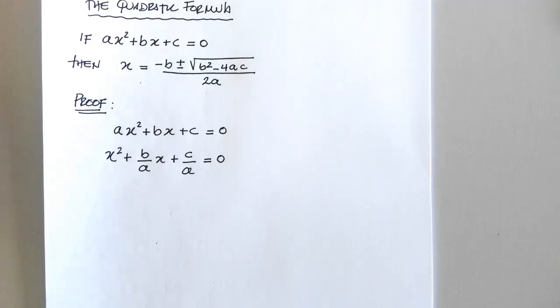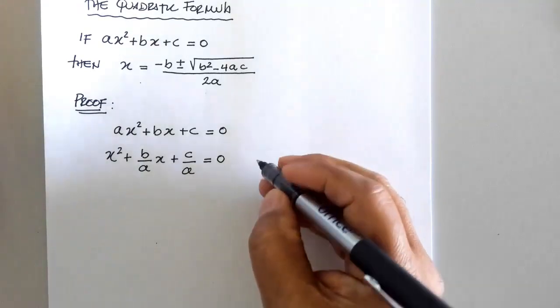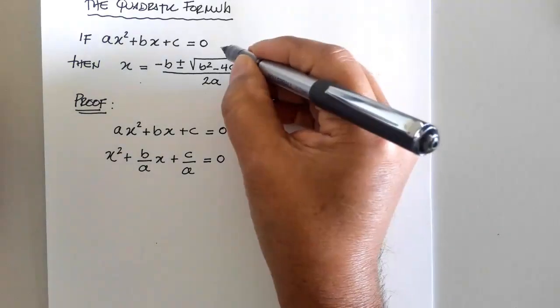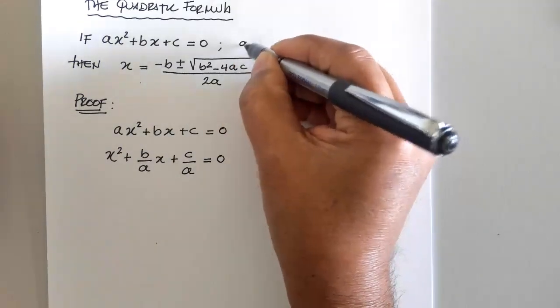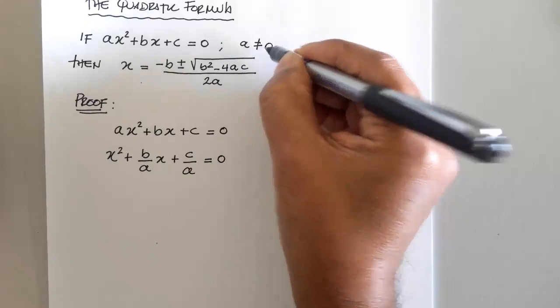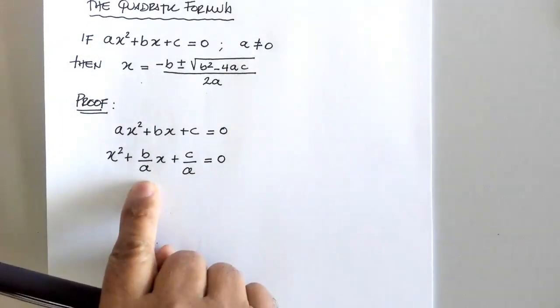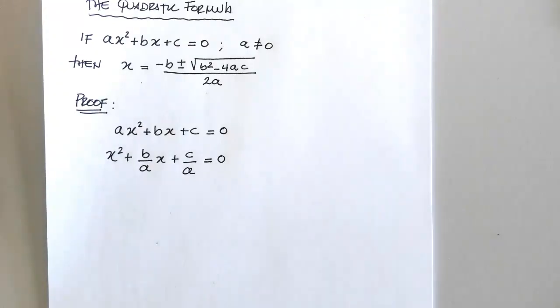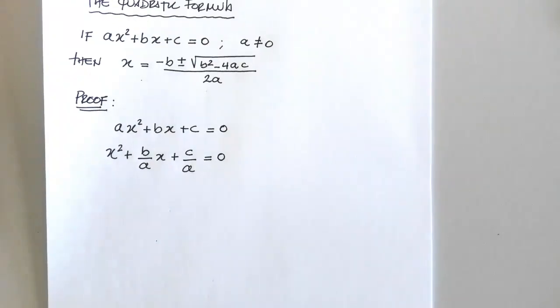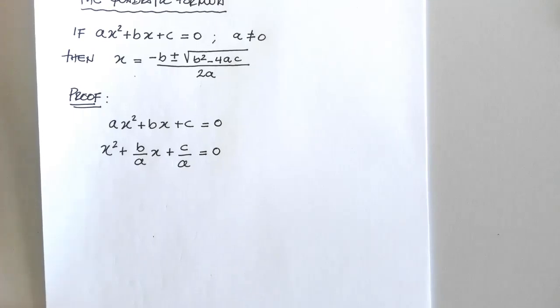So you've got to divide by a. And here, we're going to state that a is not equal to 0. That's why we can divide by a. If a equals 0, we can't do anything. And then, believe it or not, we are going to complete the square, what we did before.